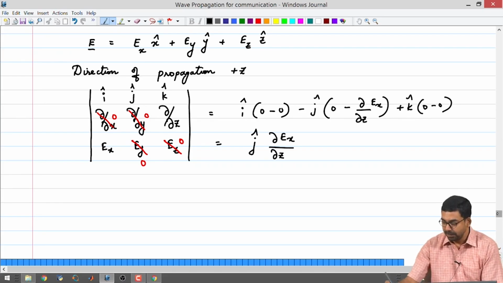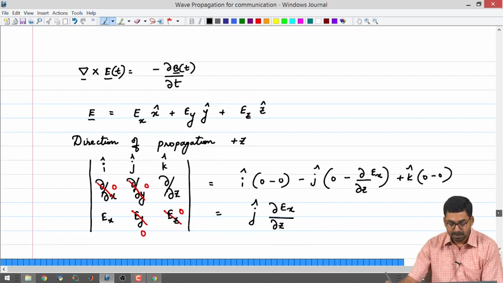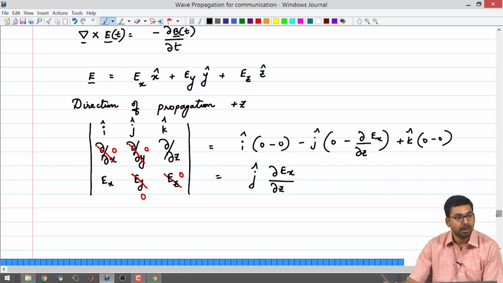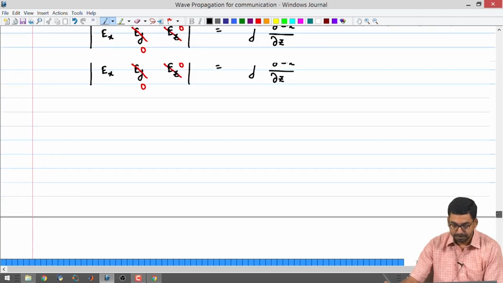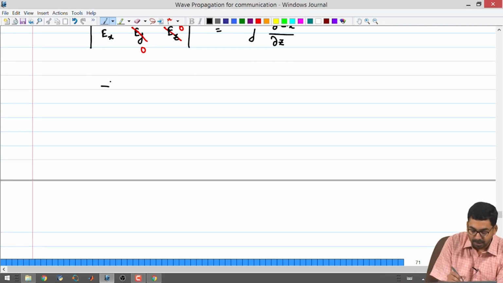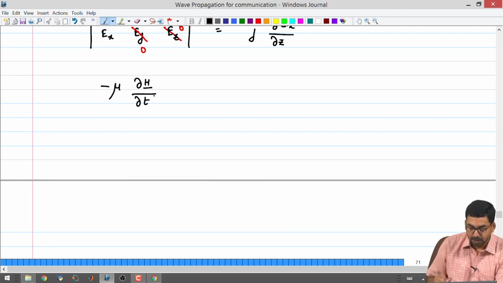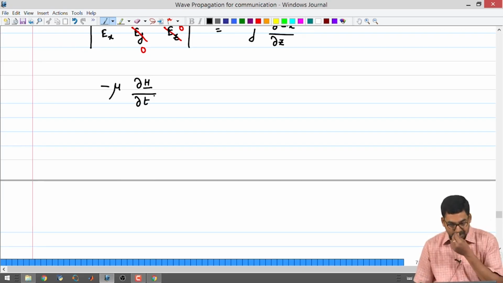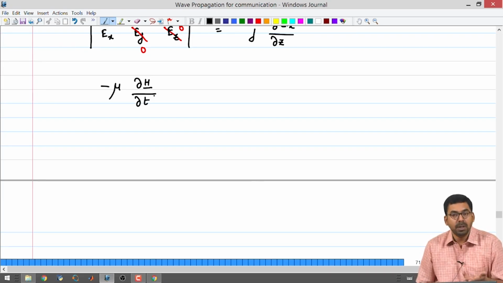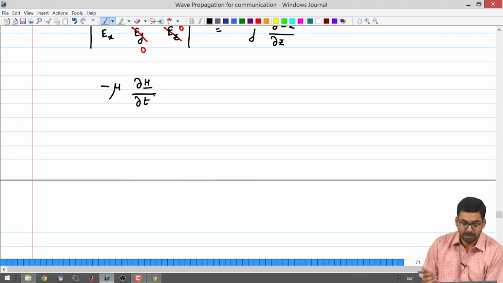So, now that gives me an idea about what happens with minus dou B by dou t. We can write this as minus mu dou H by dou t. This means that mu is a constant for all our cases. We have considered an isotropic, frequency independent material, so it is a constant.